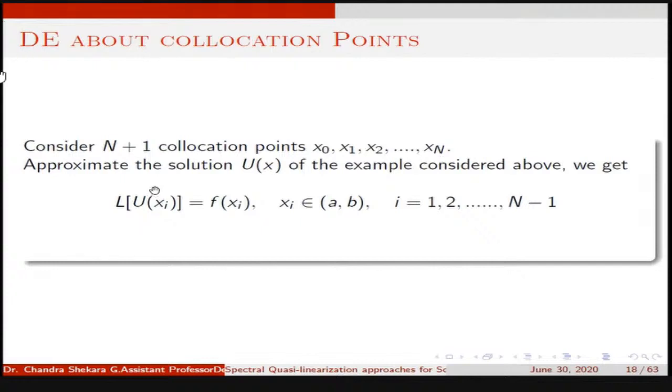That means I just substitute x equal to x_i. Then the differential equation at the collocation points x_0, x_1, x_2, up to x_n becomes like this. And these are the boundary conditions: this is the left boundary condition at x_0, and this is the right boundary condition at x_n.